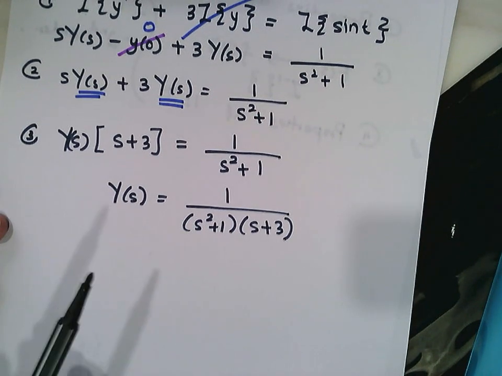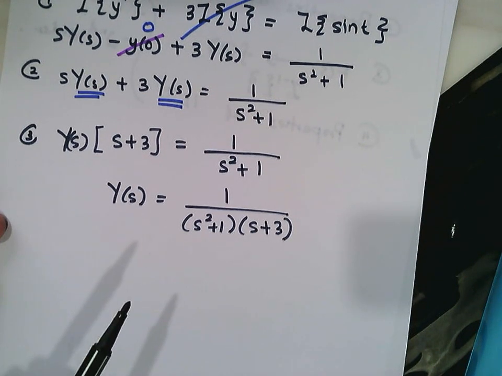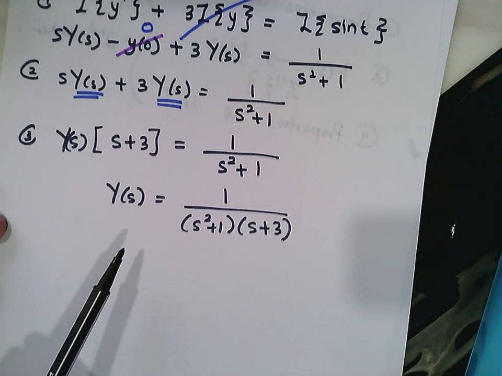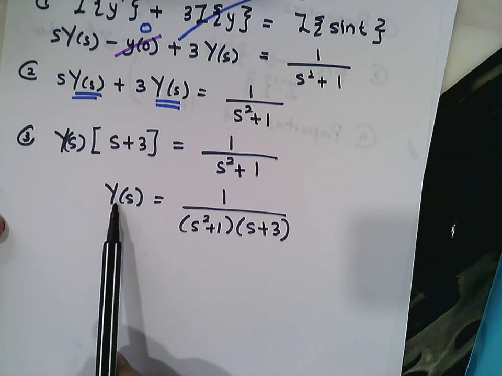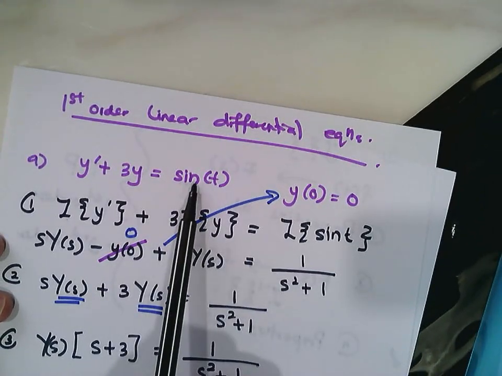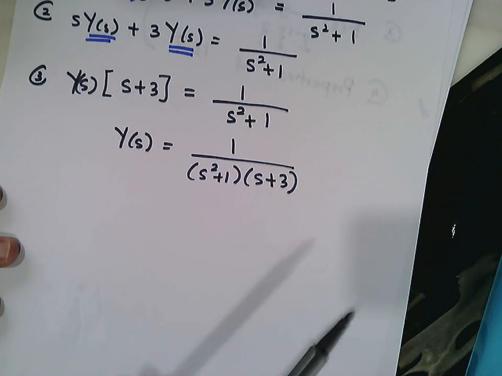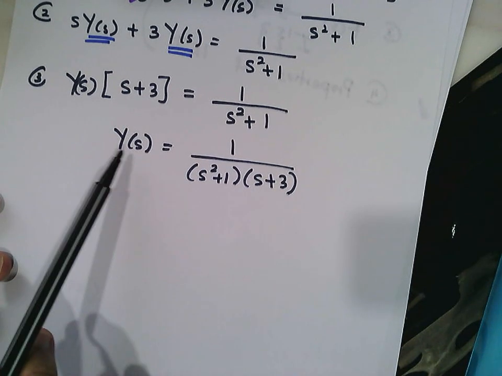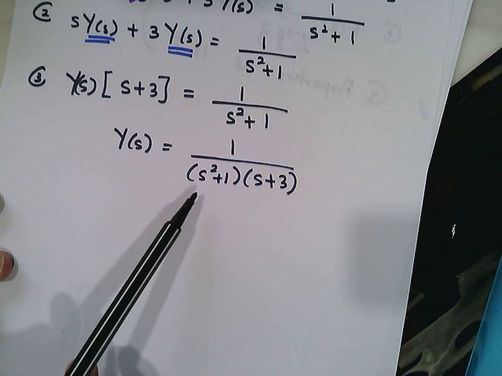Okay, so what is next? Next, you need to apply inverse Laplace transform. Why? Because you need to find the inverse of this one, because your problem is in terms of t. So your last answer must be in terms of t. So that's why you need to find the inverse of this one.